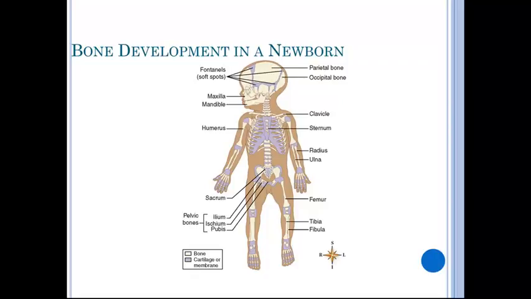So typically growth plates fuse together in children at different ages, and it really depends on maturity, but typically the age range for growth plates to fuse is 12 to 14 for girls and 15 to 16 in boys.